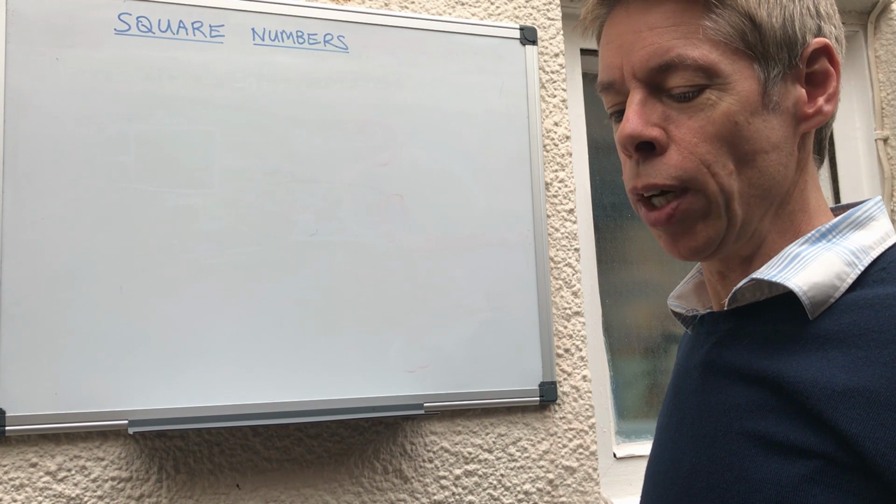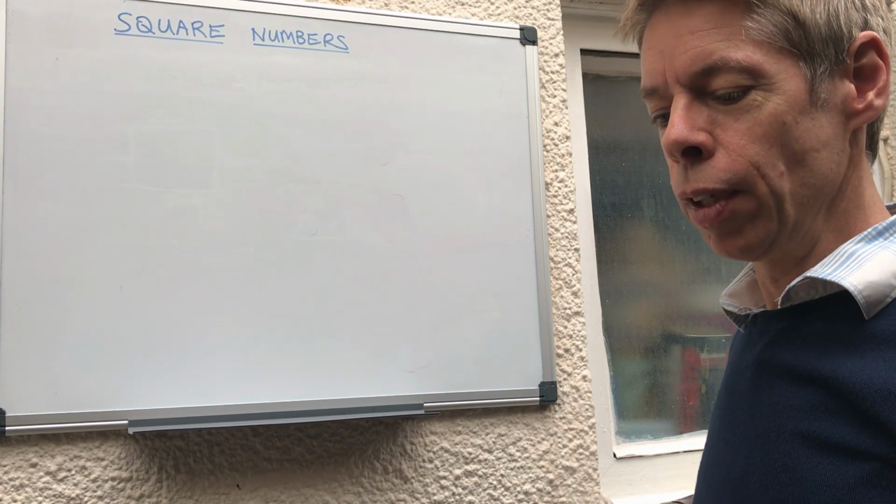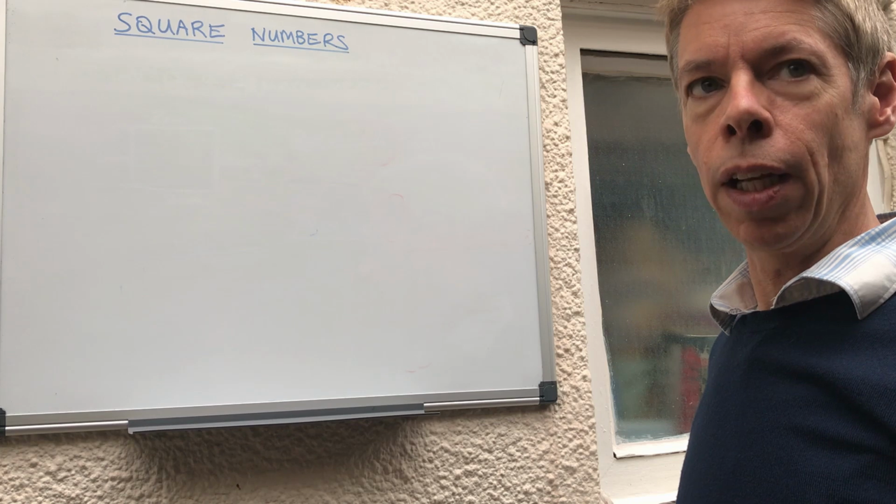If we take the numbers between 1 and 10 and square them, the first number's 1 and the last number is 100.